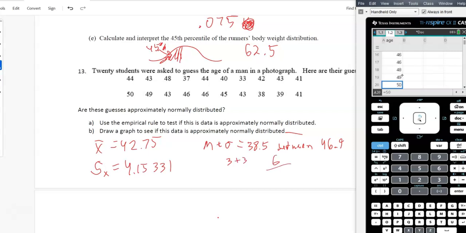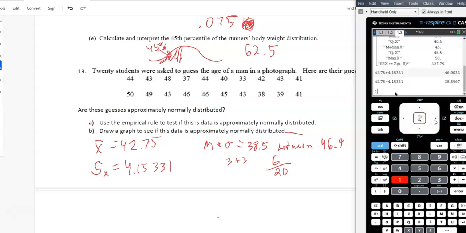So we have 6 out of 20 that are not in the range, which means we actually have 14 out of 20 in the range. So let's go back to our calculator page. 14 divided by 20 is 0.70. So within one standard deviation, 14 over 20 is 0.7.